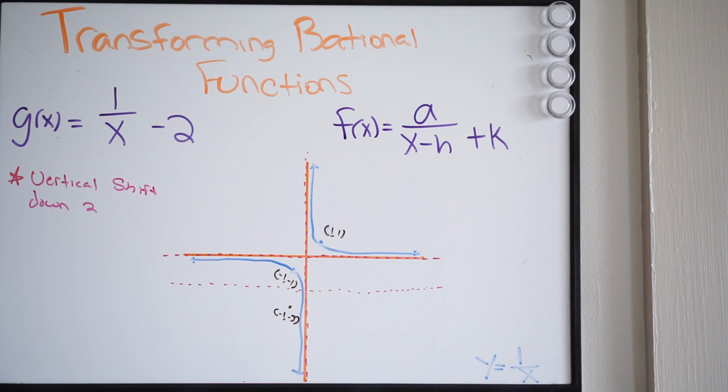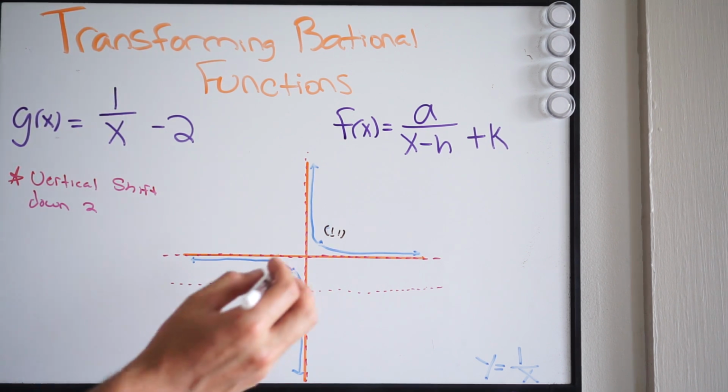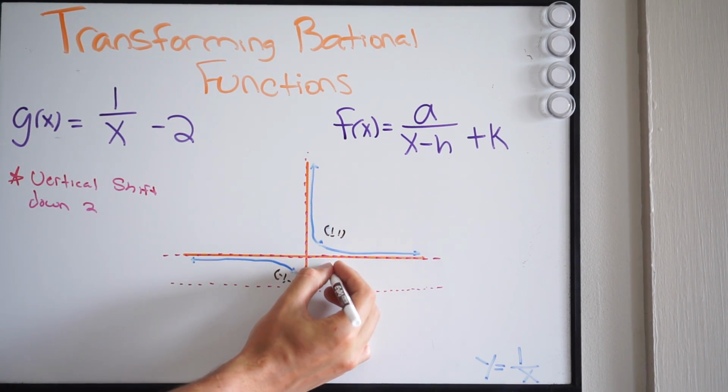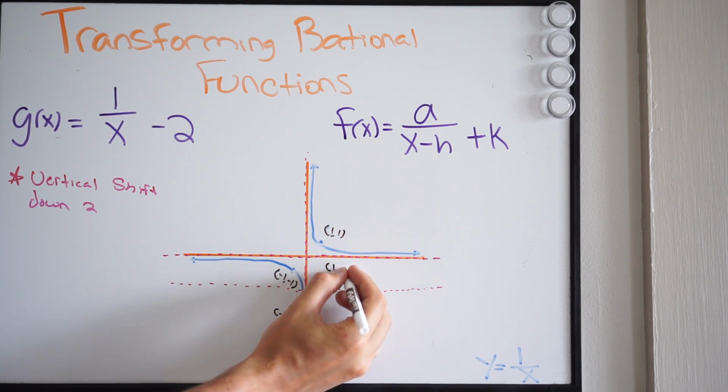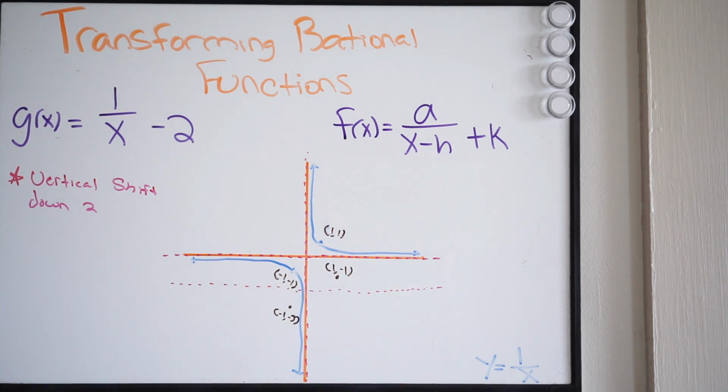Likewise, if I go down 2 here, that will put me at -1. So I'll have 1, and then -1. I'll put that point right here.